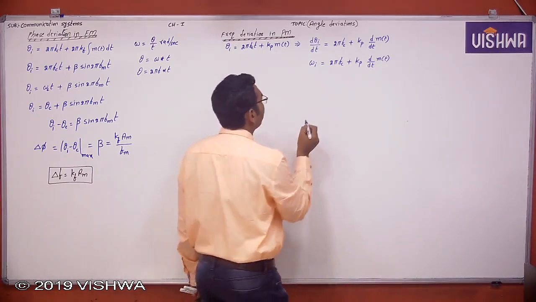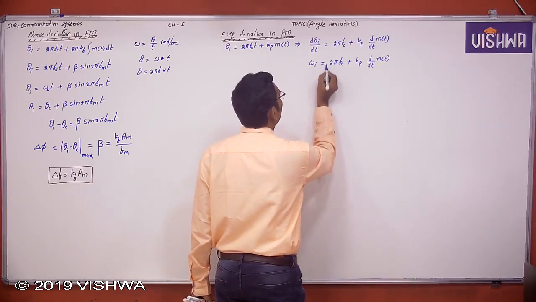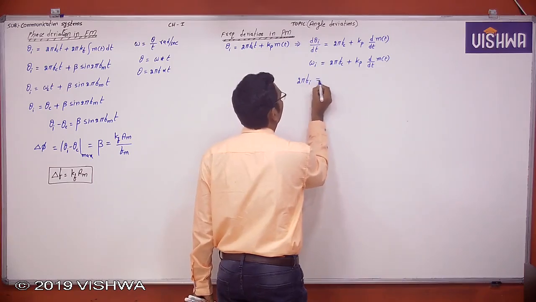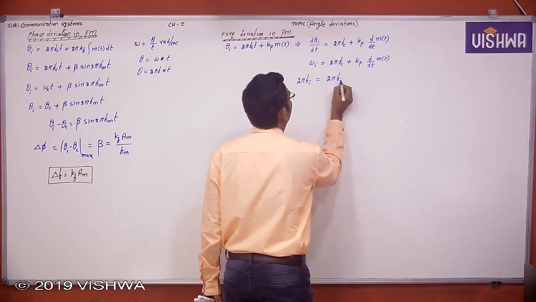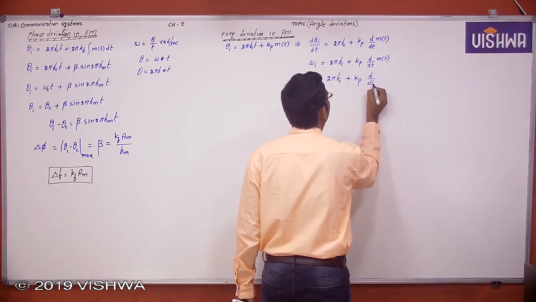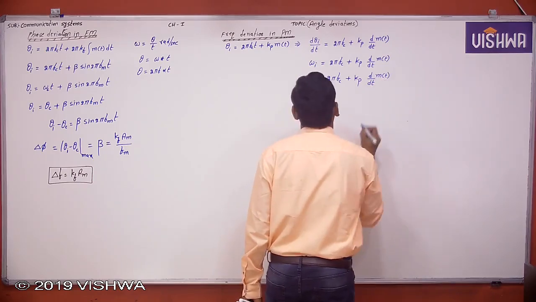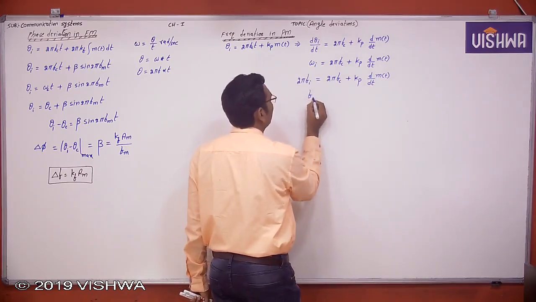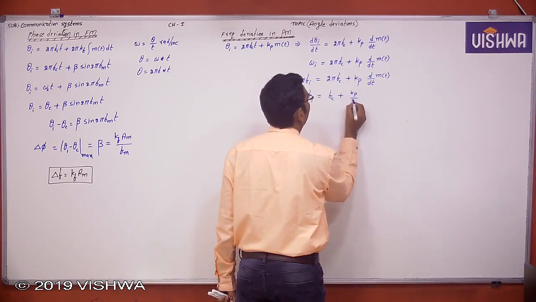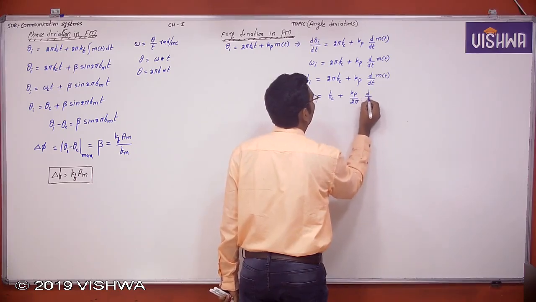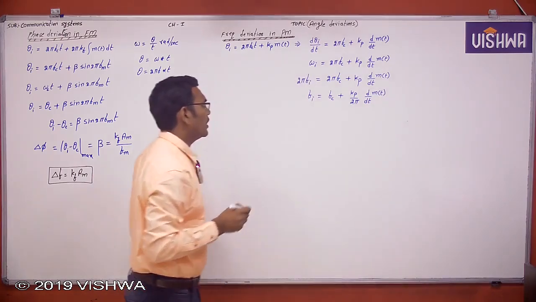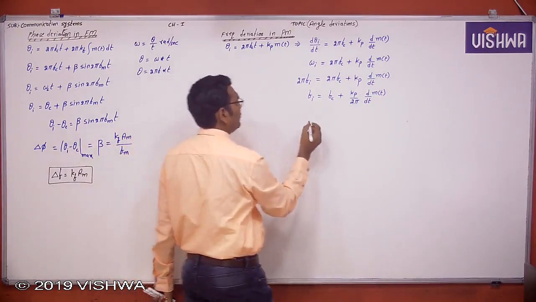Now see here, this is 2 pi fi, which is equal to 2 pi fc plus kp into d by dt of m of t. 2 pi cancels, so fi is equal to fc plus kp by 2 pi into d by dt of m of t. So I want the frequency change. What is the frequency change?